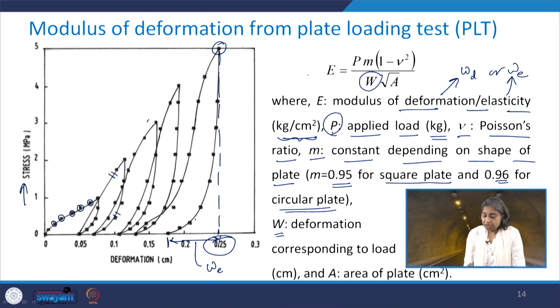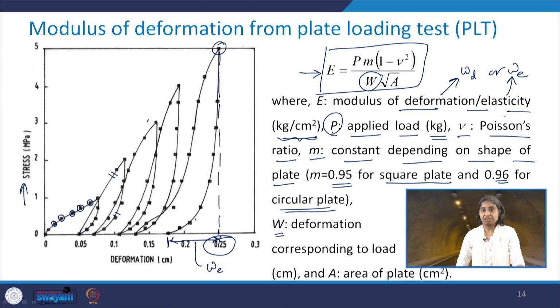So we use this expression, E equal to P into m into 1 minus nu square by W into square root of A, to determine the modulus of deformation or modulus of elasticity, where all the other variables are mentioned here.